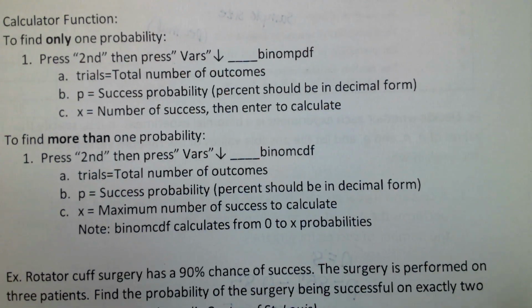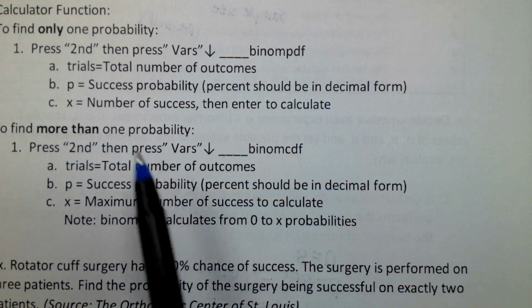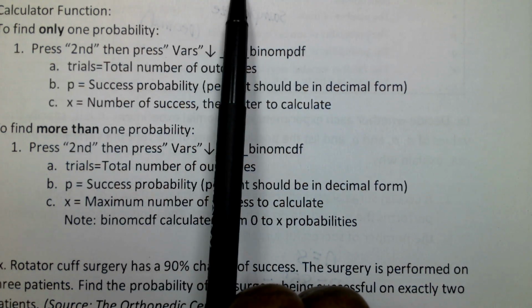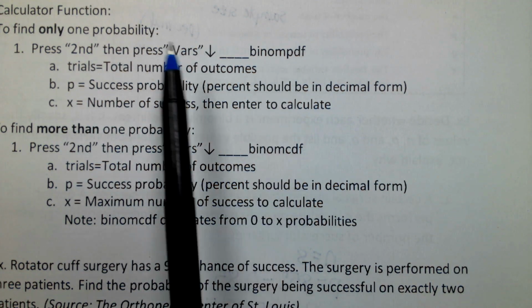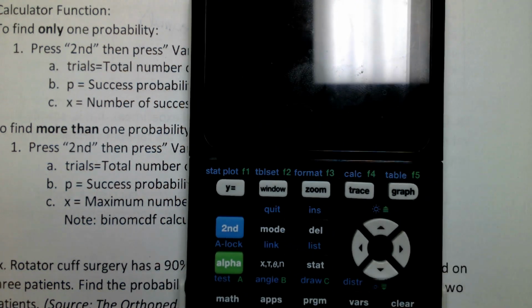I don't put this in with letters because it depends on your calculator. So to find only one probability, like only one of these at a time, you're going to use Binomial PDF. So at this time, bring up your calculator, press second and bars.